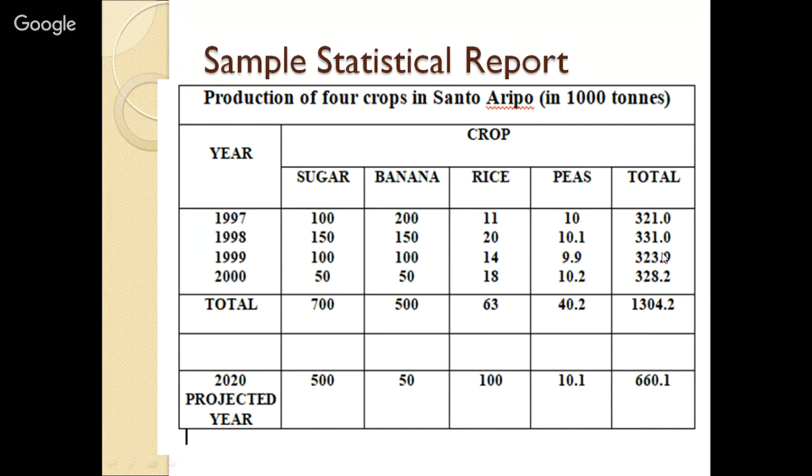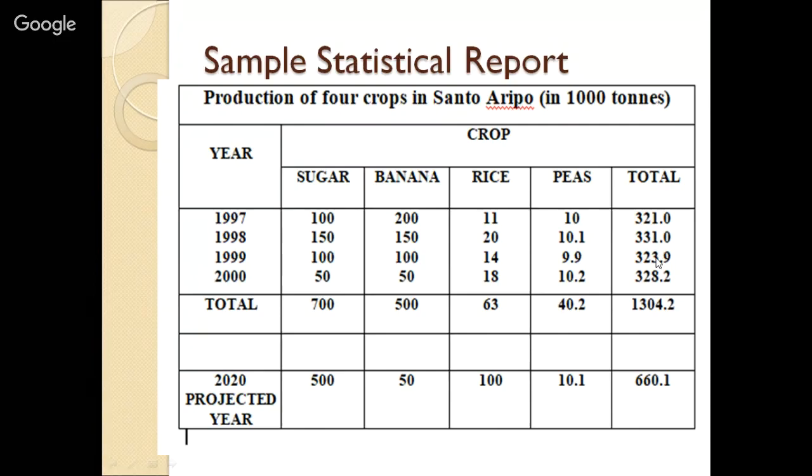Now, for the vertical total, the total amount produced over the years, which year was the highest? We realize that 1998 had the highest production.